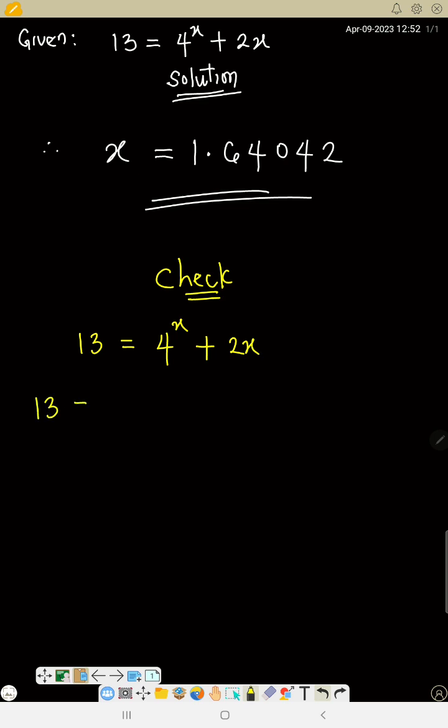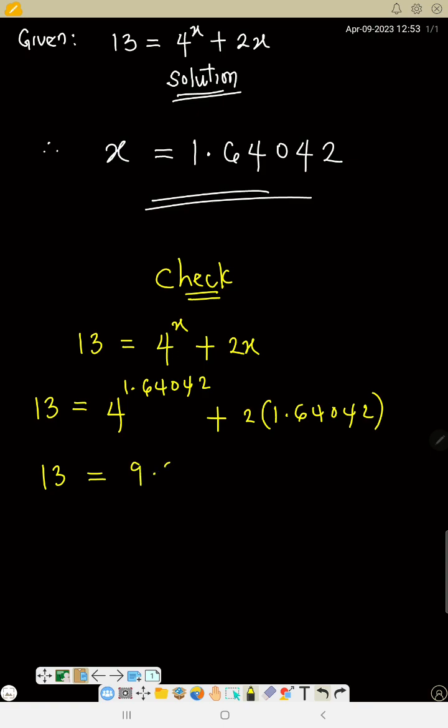Remember the answer is an approximate answer, so anything I get here should be approximately equal, because if not, then something is wrong. So 4 raised to power 1.64042 is 9.7192, plus 2 times 1.64042.